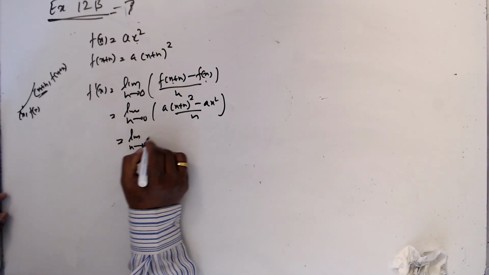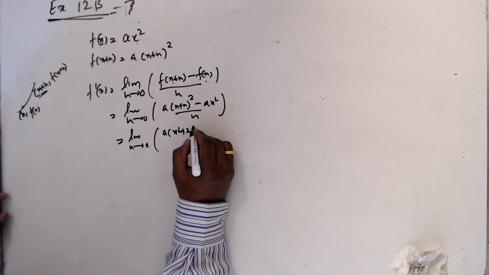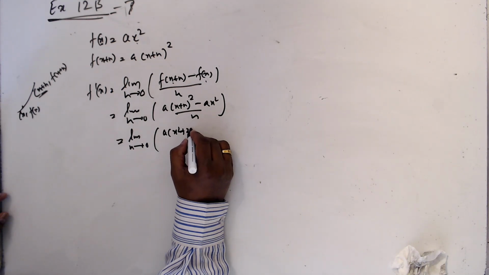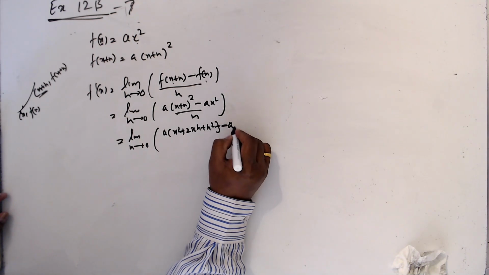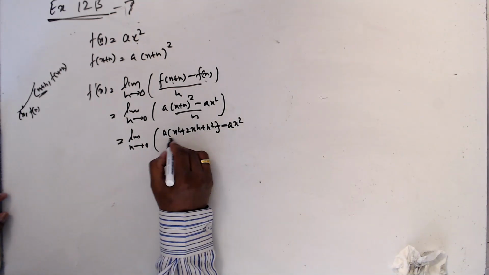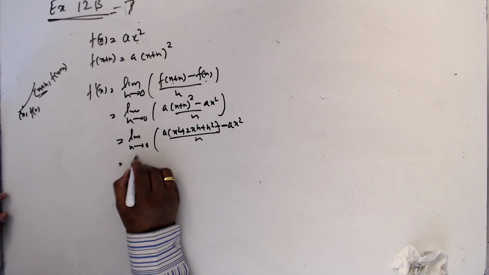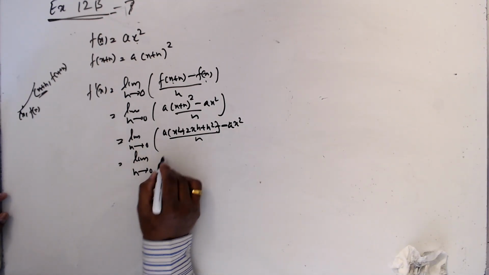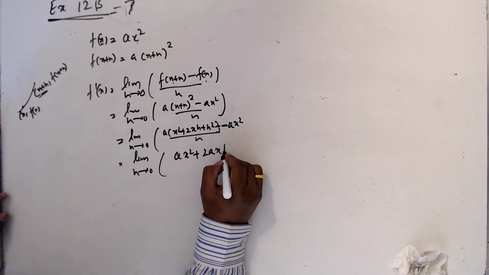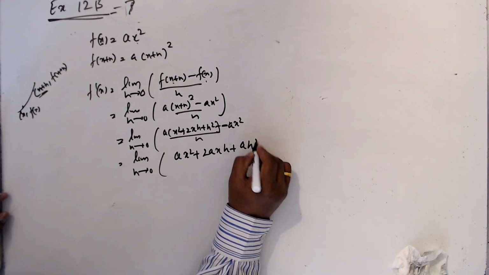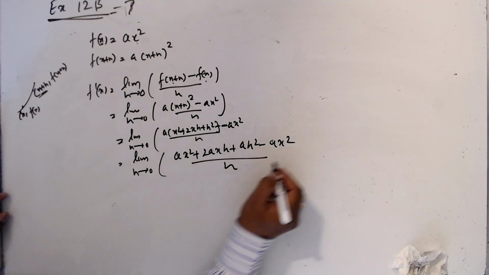The limit as h goes to 0 of a times x square plus 2xh plus h square, minus ax square, over h. This becomes ax square plus 2axh plus ah square minus ax square over h.